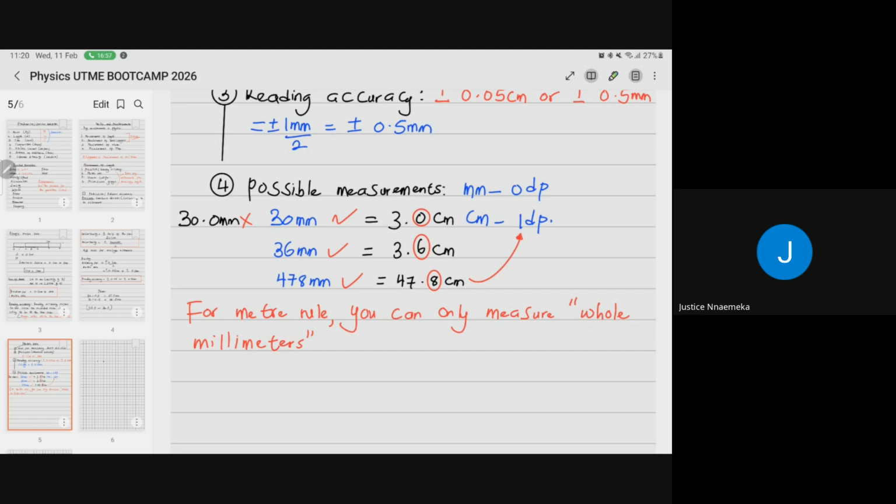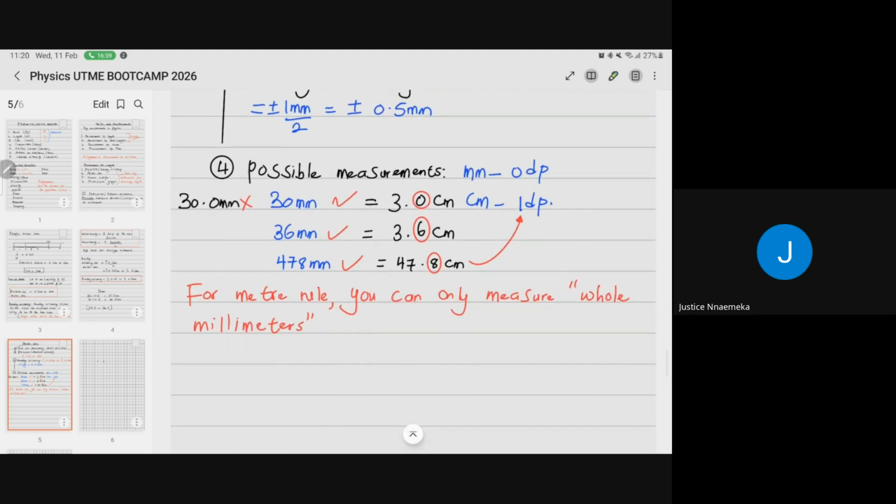Okay. So these are the things I want you to remember for the meter rule. They can ask you the precautions you take when measuring with a ruler. If you're measuring with a meter rule, ensure that your eyes are vertical.